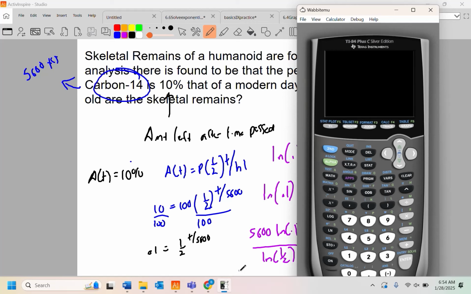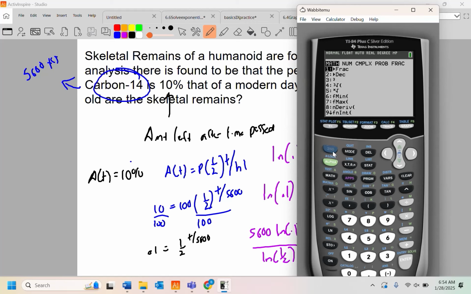For the average kid, I'm very happy if they can get this far. I really am. Because the answer is pretty important here. So t equals 5600 times the natural log of 0.1, divided by the natural log of 1/2.